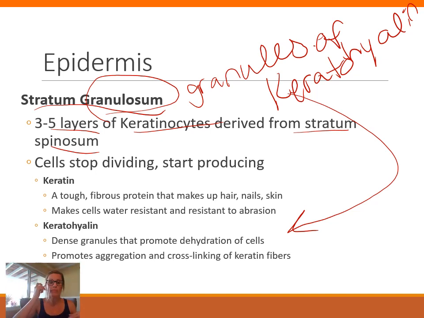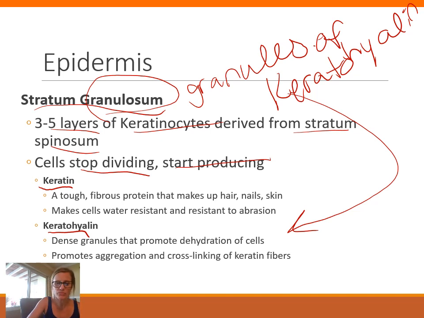Okay. Now, in the stratum granulosum, the cells really start to change. They stop being living functioning cells and they're going to start the process of dying, essentially. So the cells stop dividing in the granulosum and they start producing very large amounts of keratin and keratohyalin.